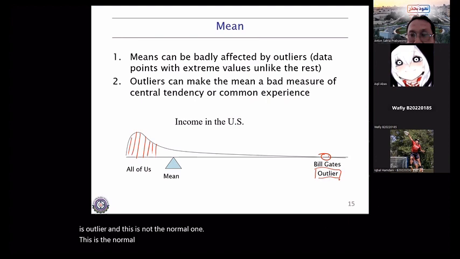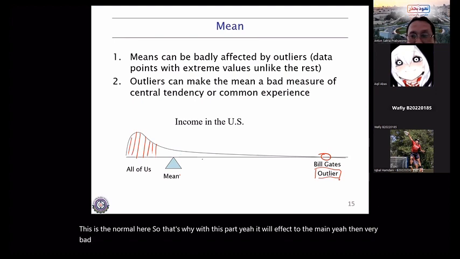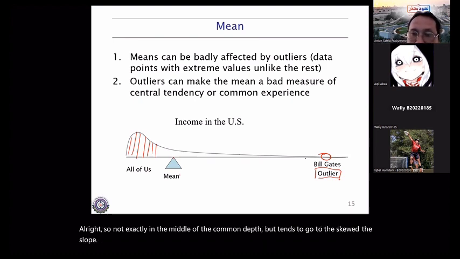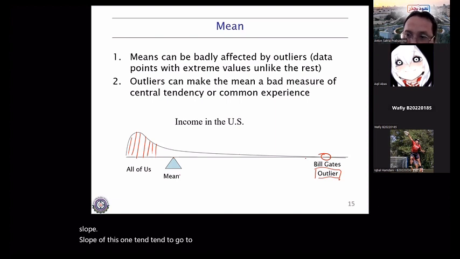So that's why this part will affect the mean. It is very bad, because the mean will count this one also, and then it will shift toward this part. So it is not exactly in the middle of the common data, but tends to go toward the skew; the slope tends to go to the right side here.